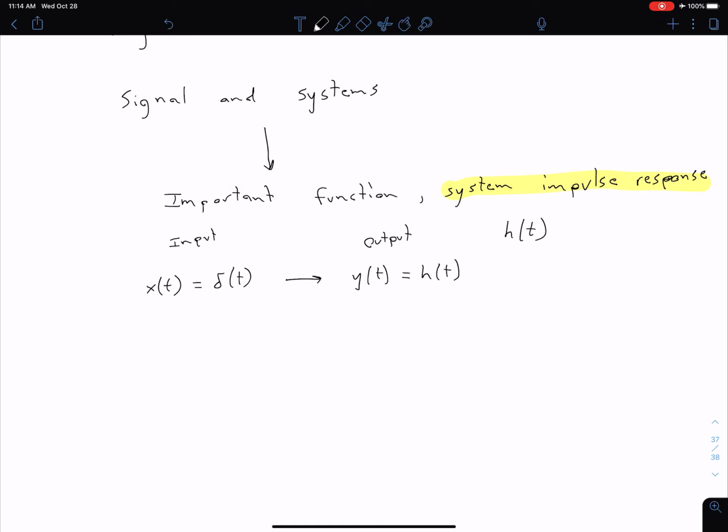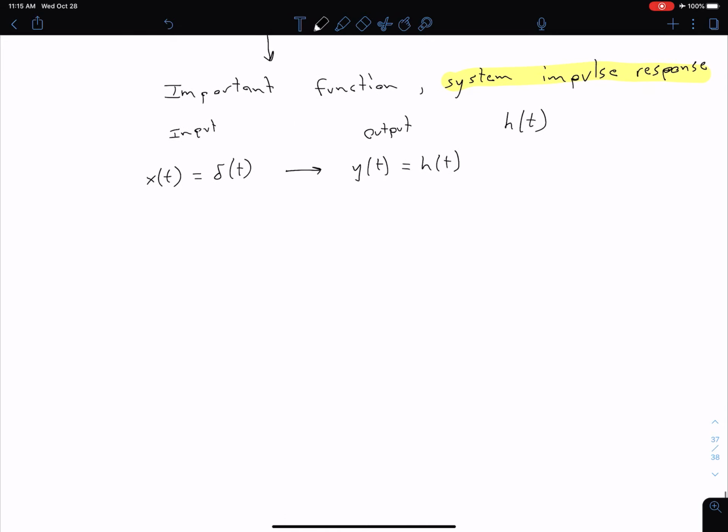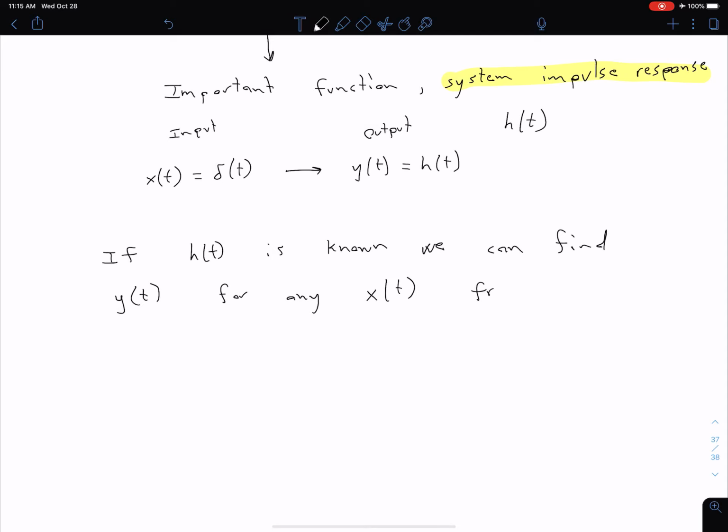We're not going to go through all the analysis to show this because again, signals and systems is a fairly large area, but it turns out that if our h of t is known, we can find our y of t for any input x of t from the following equation, which is y of t equals x of t convolved with our system impulse response h of t.